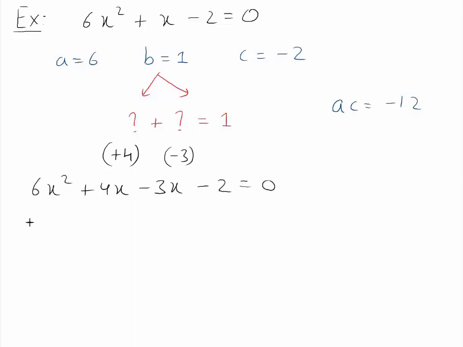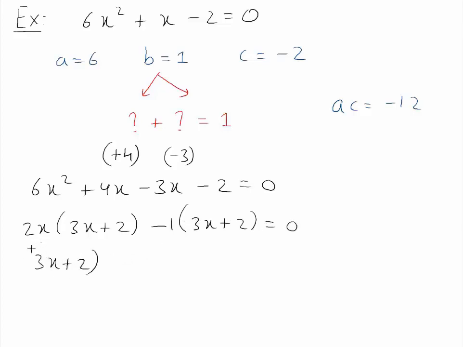Now in the first pair, we can take 2x common. We'll get 3x plus 2. In this, we can take minus 1 common. We'll get 3x plus 2 equals 0. Now we can take 3x plus 2 common. We will get 2x minus 1 equals 0.